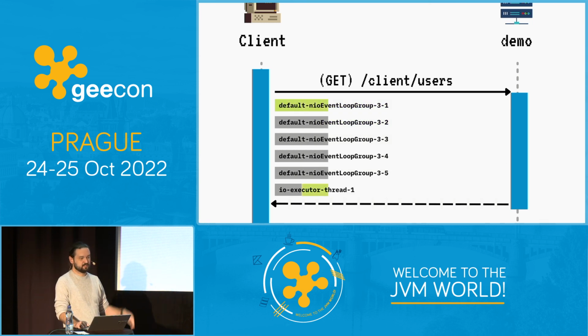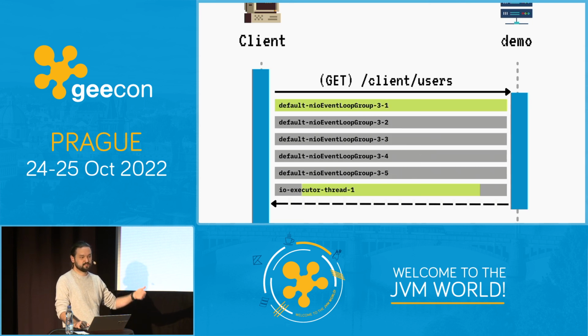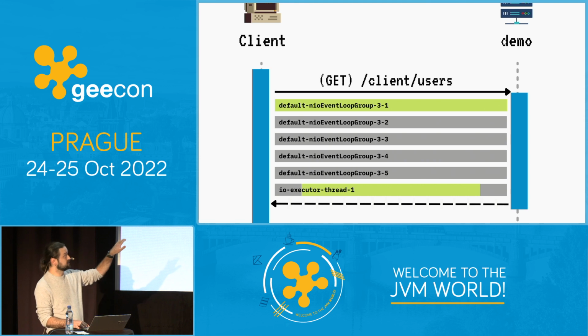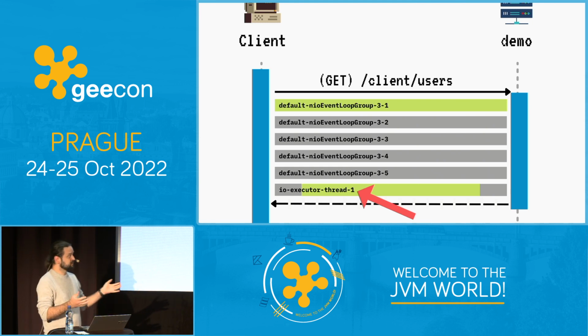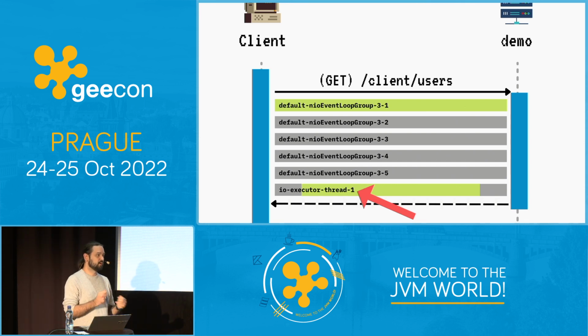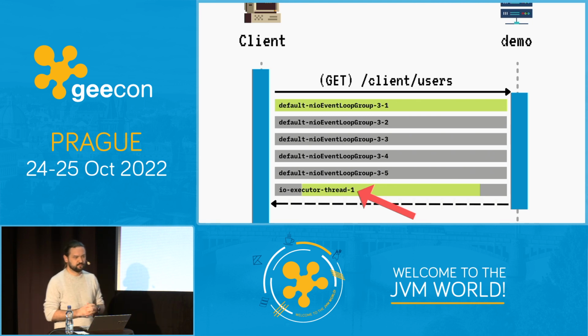The request comes in, and now the same blocking operation is delegated not to the second NIO event loop group thread, but to this IO executor thread. And you know, on the surface it may look very similar, but the difference is huge, because when it comes to the event loop, there is one thing we have to remember: the event loop should never be blocked, and at least this prevents us from blocking the event loop group.